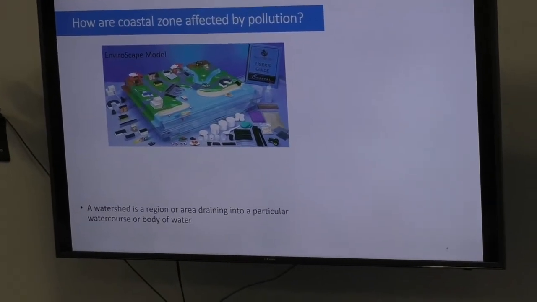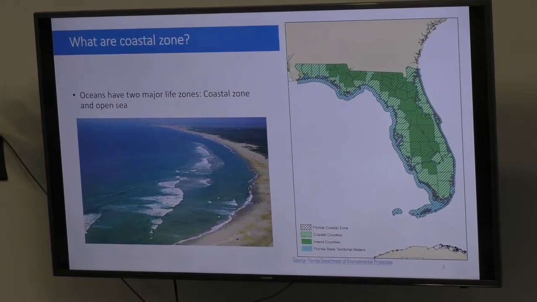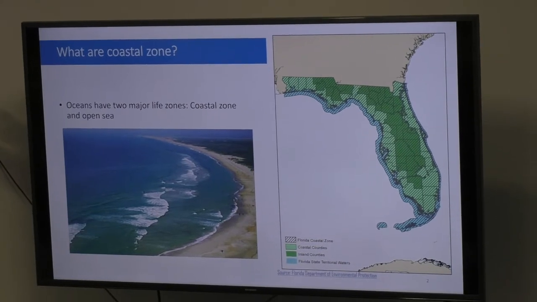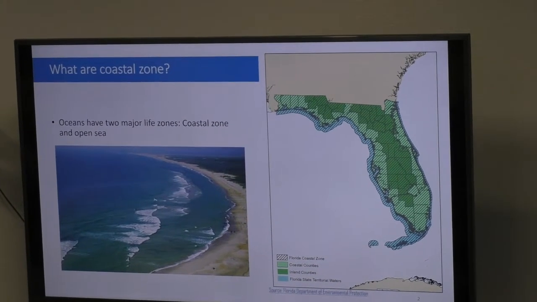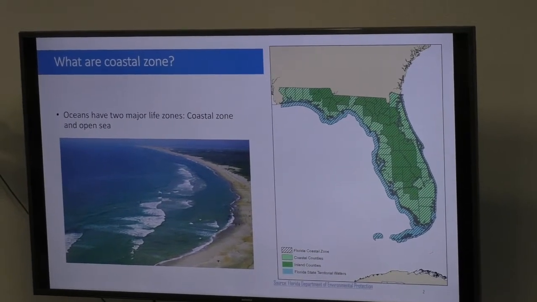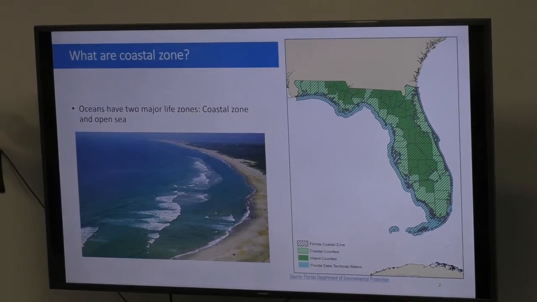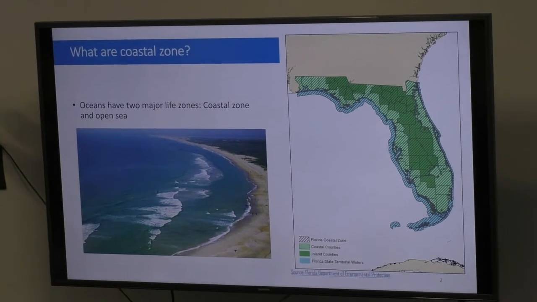But the question is how the coastal zones can be protected from pollution, what the impact of human life in this area is on the water bodies, and what we can do to protect it.